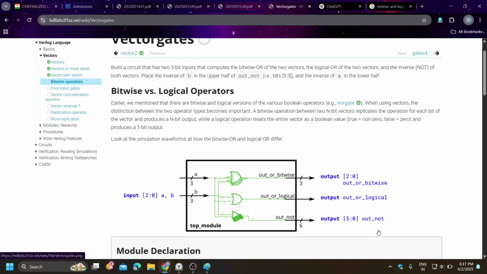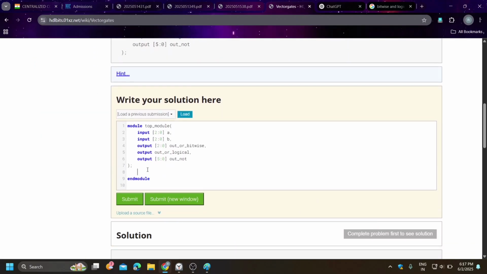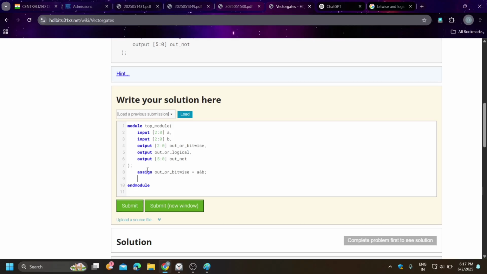Now let's write the code for this. Assign out_or_bitwise equal to A. So this is the bitwise operation. So we need to write A and B. Single AND is enough.